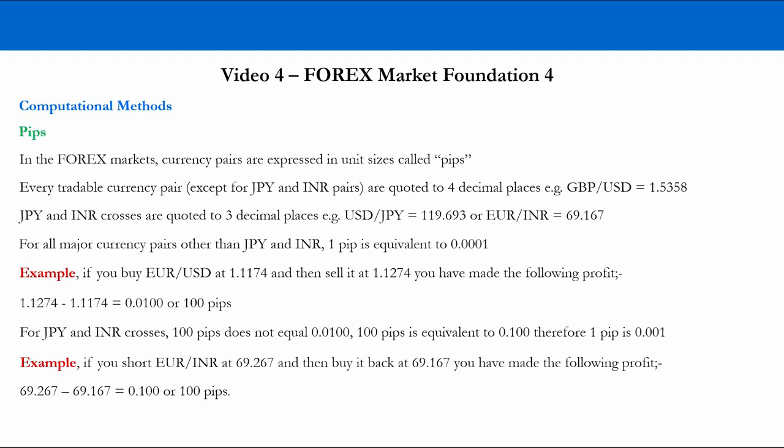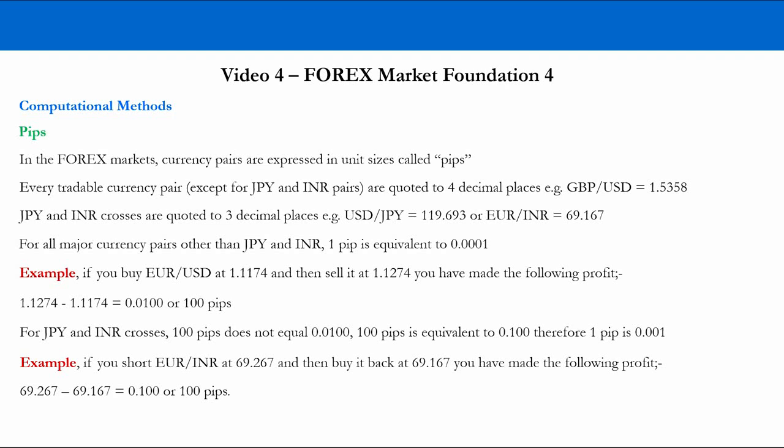So, for example, the sterling US dollar is quoted here as 1.5358, so to 4 decimal places, and the dollar yen is quoted as 119.693, so to 3 decimal places. If the currency pair is quoted to 4 decimal places, one unit size, 1 pip, is equivalent to 0.0001.